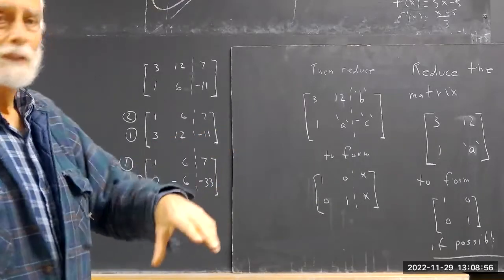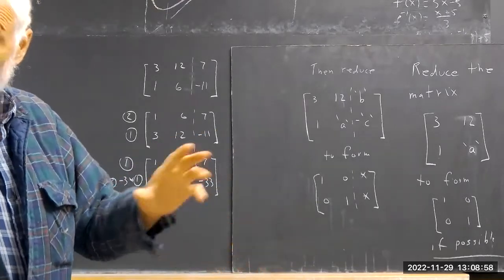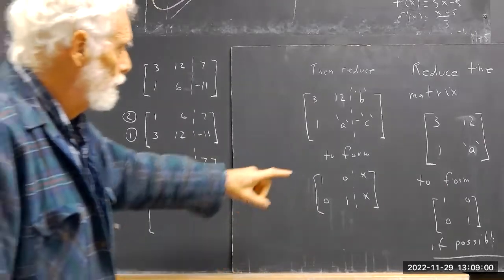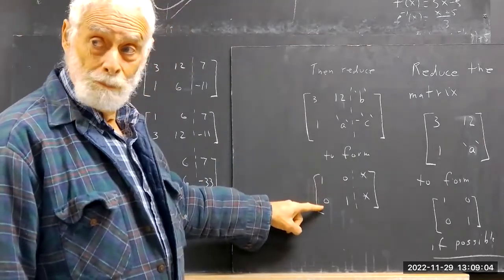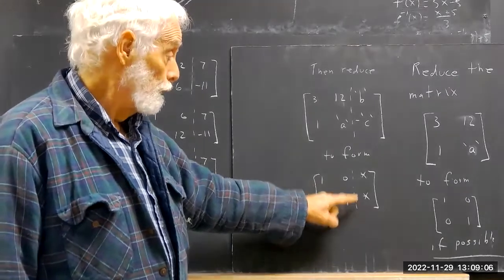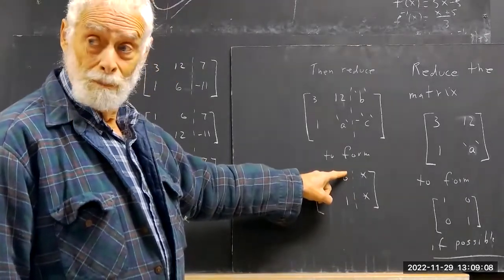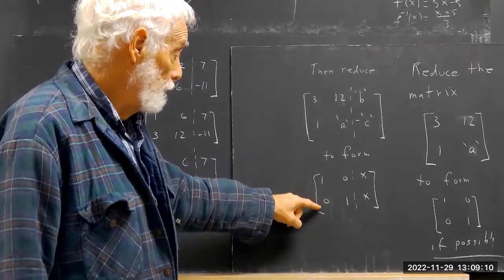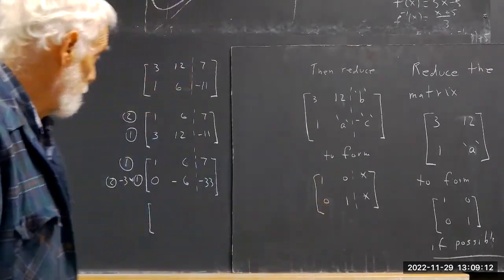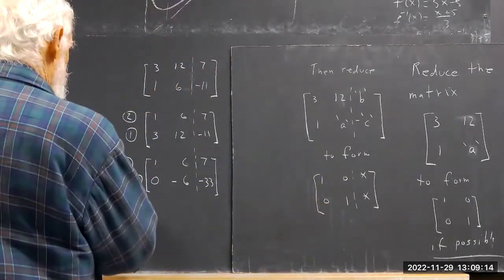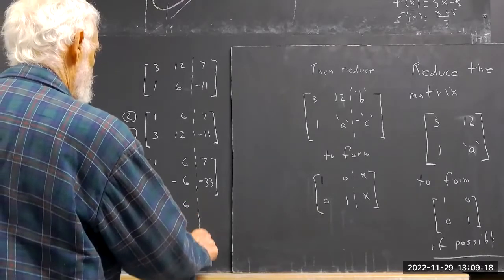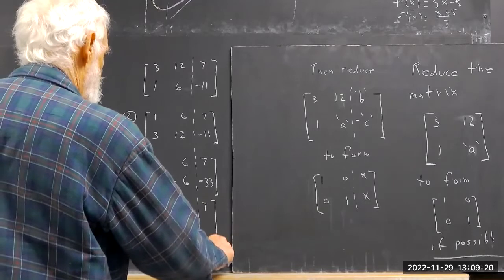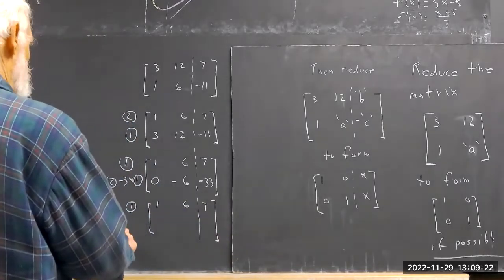But generally, that's not going to work, so I'm not going to do it. I'm going to just go methodical. I've got my 1 here and my 0 here. I want a 1 here. So what I do is I don't change row 1, still 1, 6, 7. My row 2.